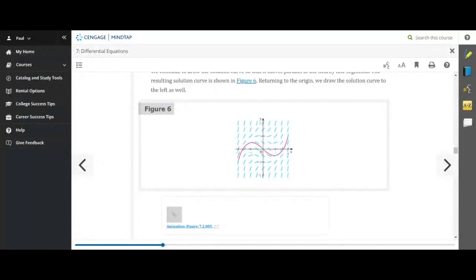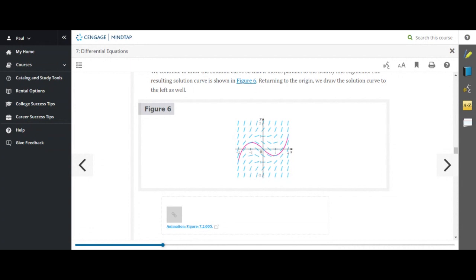You see how the tangents are tangent to the solution curve all along the solution curve. Do you see that? You see how the tangents guide the solution curve? And so without knowing the solution to the differential equation, you can draw solution curves once you know what the direction field looks like. Yes, Clea, question.